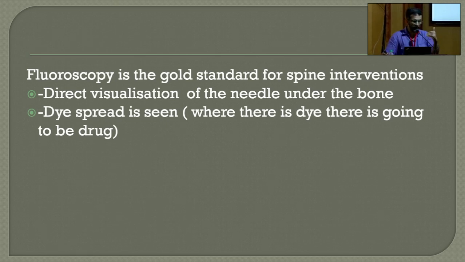So for experts, you can do all those interventions under USG also, but the basic problem remains that once it goes below the bone, the needle is not seen and it becomes more of a blind procedure. And second, as I said, wherever there is dye, there is going to be drug. So if you are not able to push in the dye, you can never be sure about the position, which is just not possible with sonology.